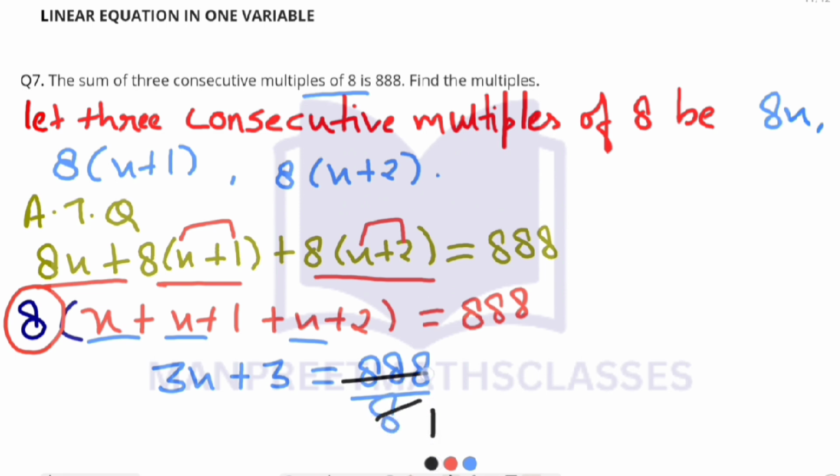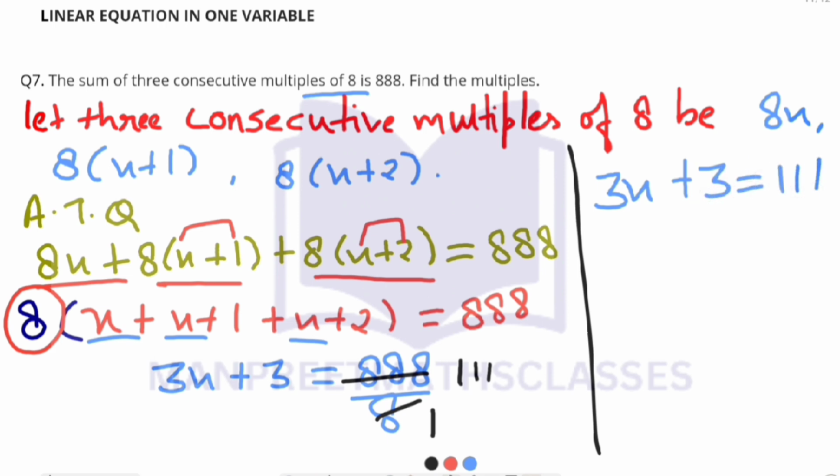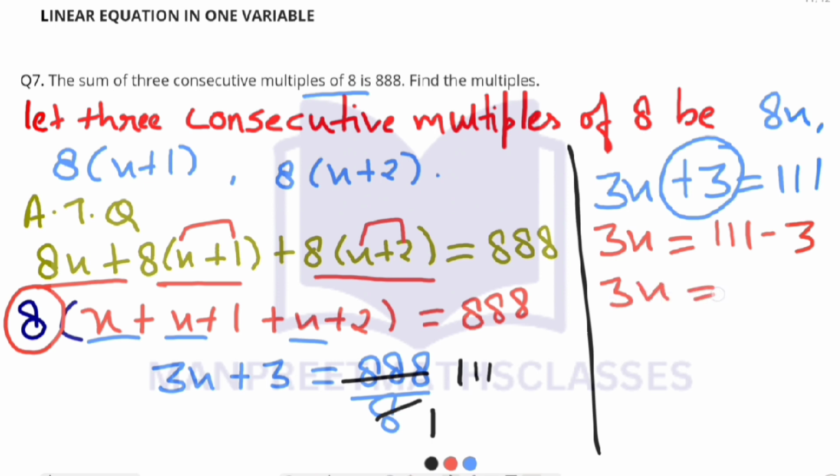सो इसको डिवाइड कर दो 8 ones एंड इट विल गो 111 टाइम्स. नाउ 3x प्लस 3 इज इक्वल्स टू 111. Now this 3 will go on the other side और इसको हम माइनस कर देंगे 111 में से. So 3x is equals to 108.